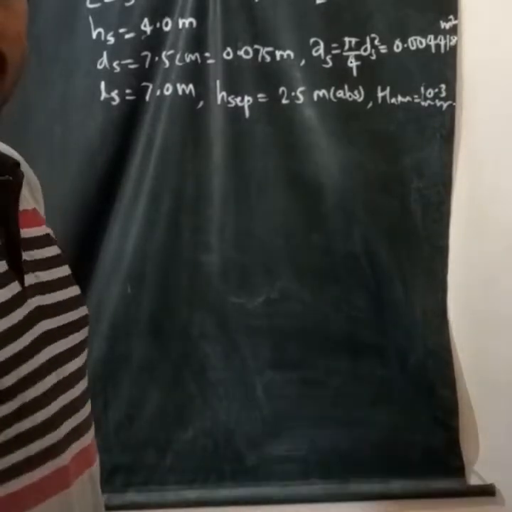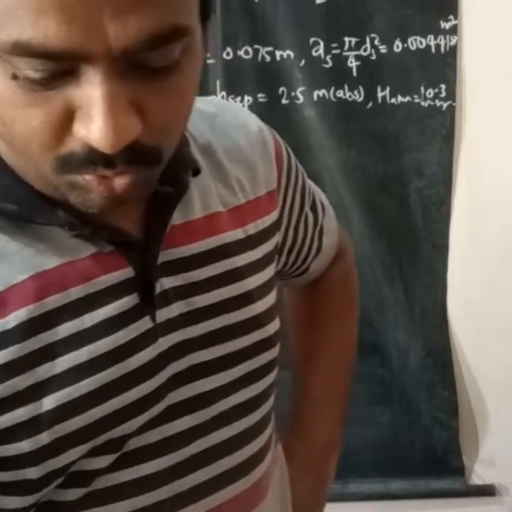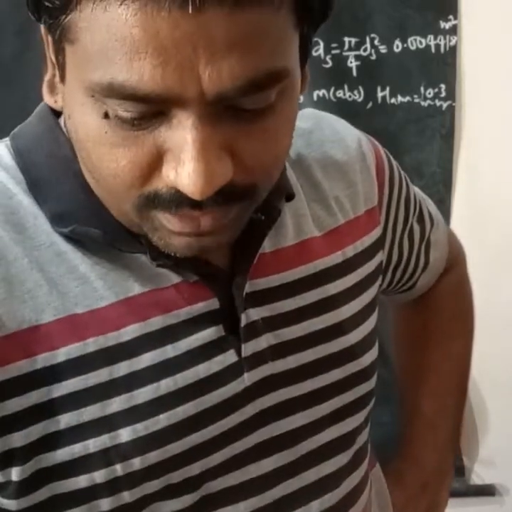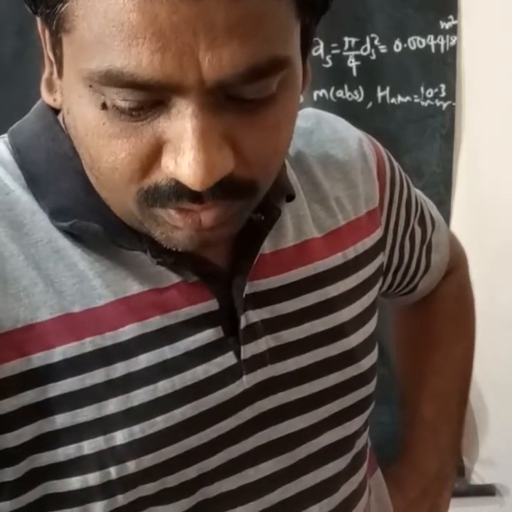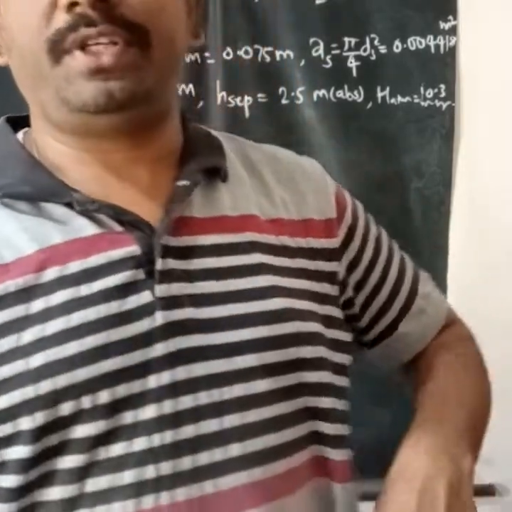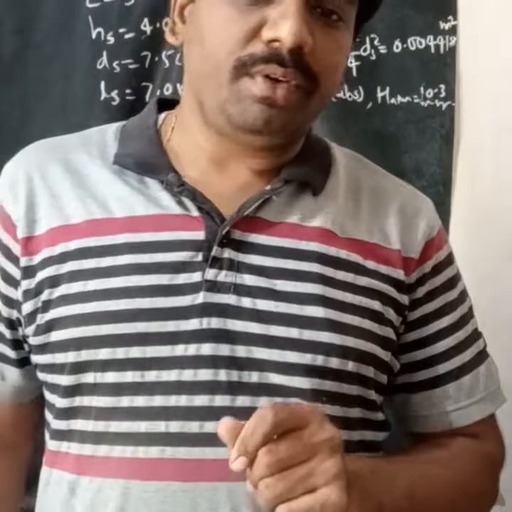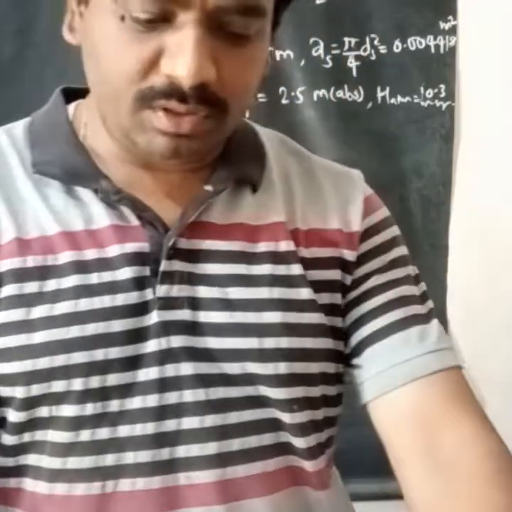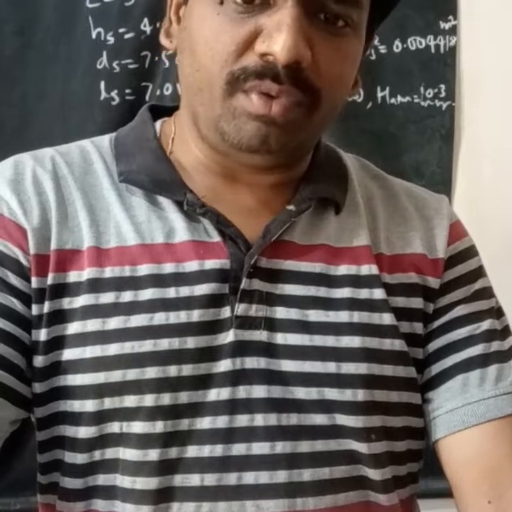So what is asked is to calculate the maximum speed at which the pump can run without separation. The condition for separation is that the pressure should reach down to 2.5 only. It should not go below the 2.5 value.